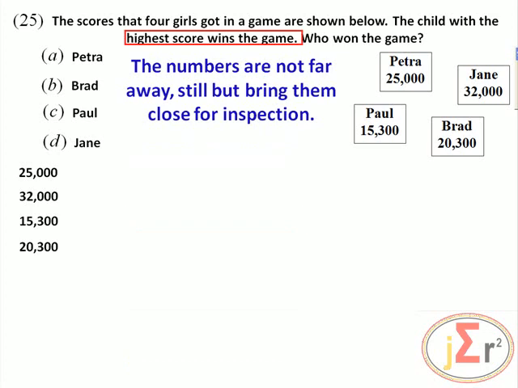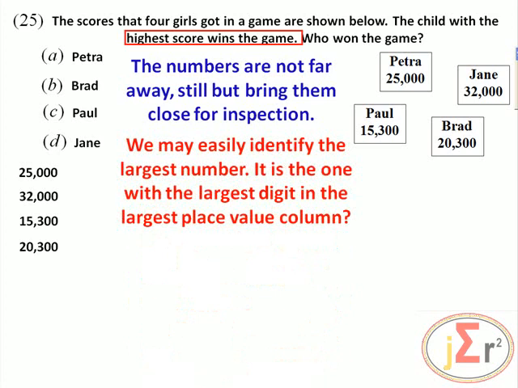So we are looking at the highest score. We may easily identify the largest number. It is the one with the largest digit in the largest place value column. So which column is the one that is largest in place value, Jerry?